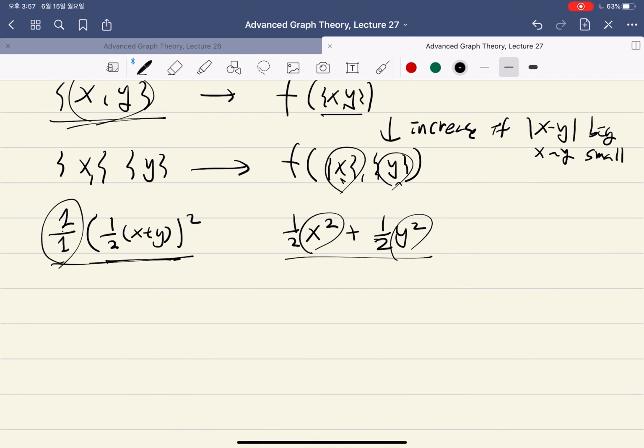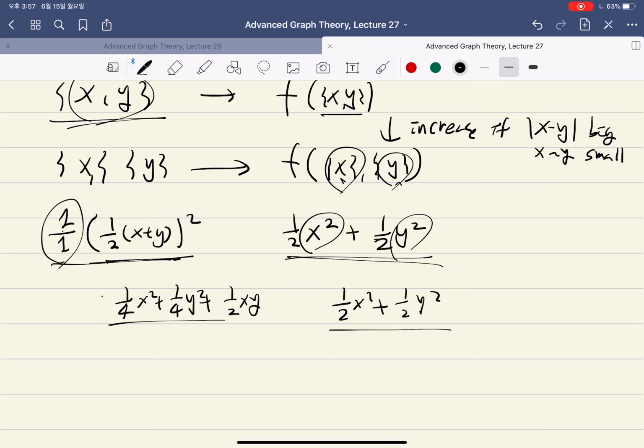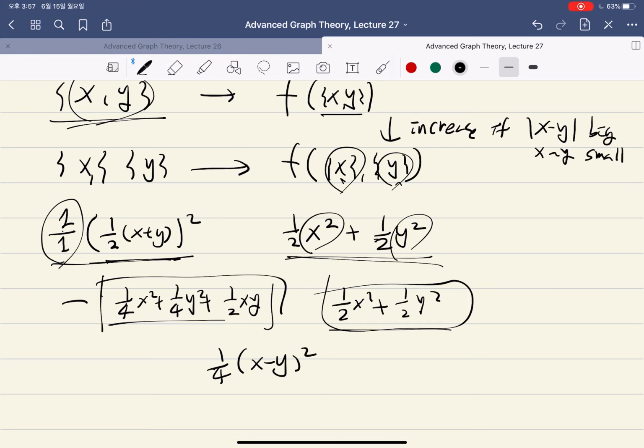If you compute these two functions, half x, this is quarter x squared plus quarter y squared plus half xy, and this is half x squared plus half y squared. You compute the difference. Let's say you subtract this from here, then what you get is the same as 1/4 (x minus y) squared.